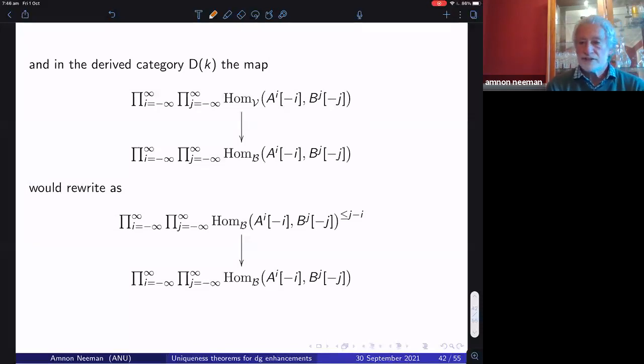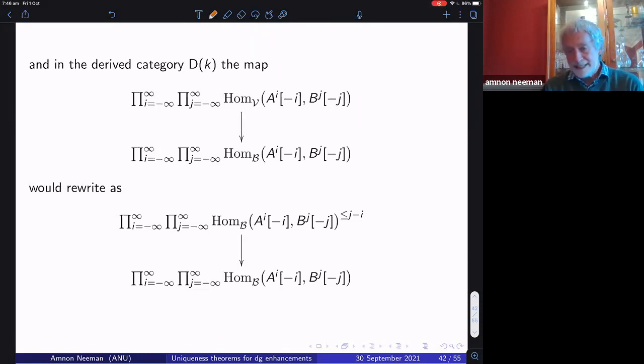And a T-structure truncation is very natural. So you can define it in whatever context you want, for example, in C of K.